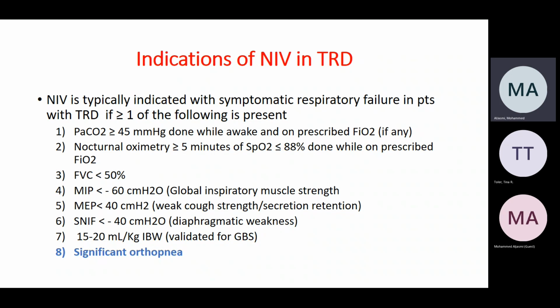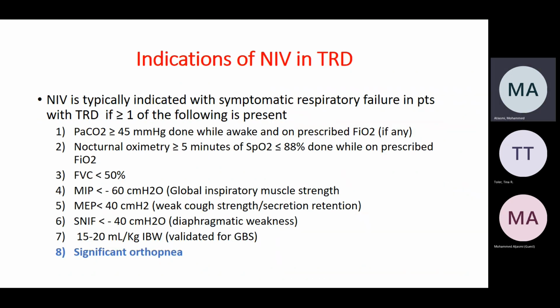So those are the indications to start them on NIV. By far, this is the most, I would say, easy or somewhat easy and less stringent criteria than what we have for the hypoventilation syndromes and the COPD.